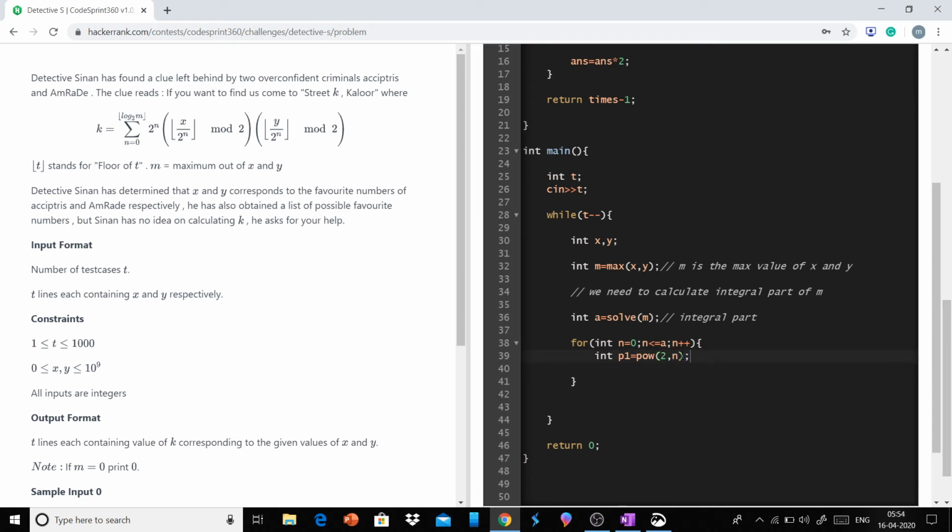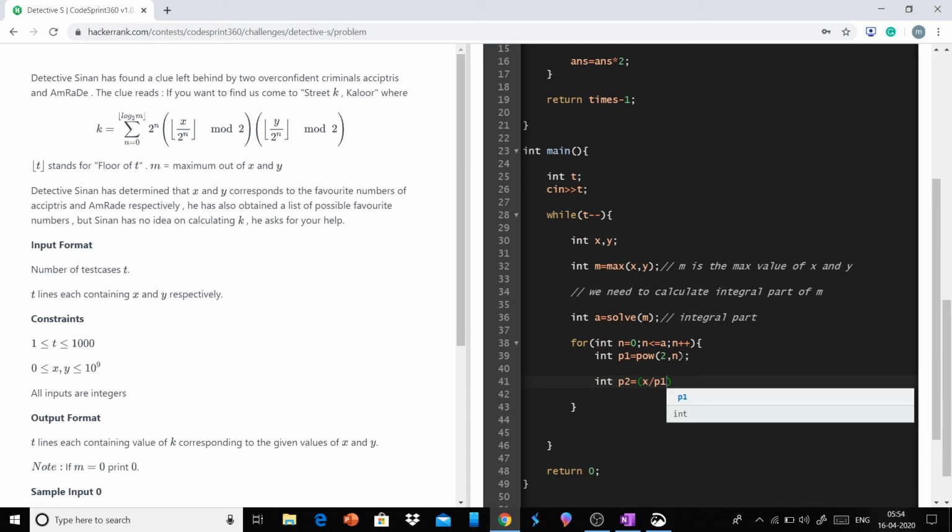So I will do integer p1 is equal to 2 power n. And I will declare another integer p2, which is the second part of our question, which is nothing but calculating x divided by p1, and then dividing it by 2 to get the remainder.